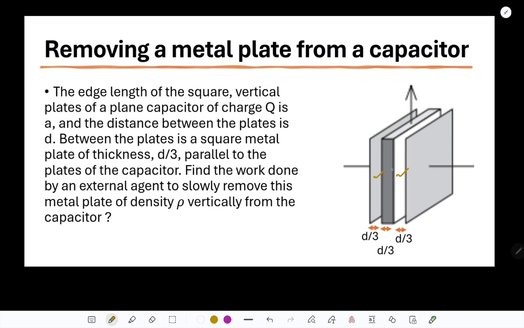And if there is another capacitor, so I can write it as 3 capacitors connected in series. And if the capacitance of the capacitor is taken as this plate and this plate only, let me explain to you.